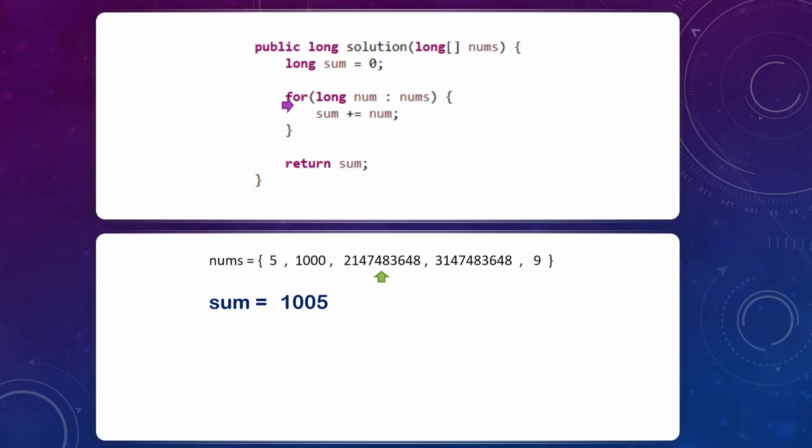We go to the third, add it, then go to the fourth, add it again, and then go to the fifth and add it again. As you can see, we don't have to monitor the index that we are using. In for each, it automatically iterates from the start of the array until the last element. And then we return the sum, as you can see here.